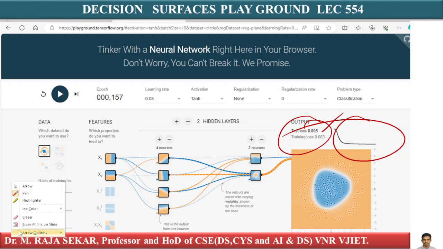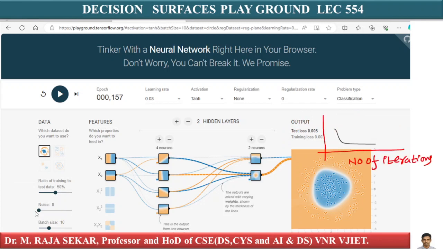If I take the number of iterations on the x-axis, initially my loss was large.